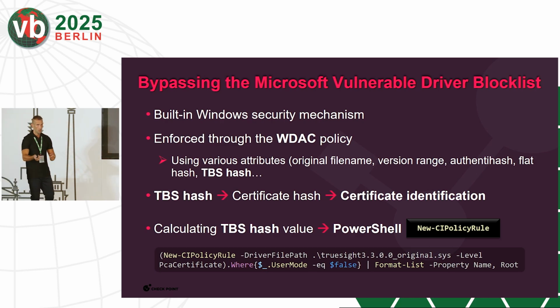TBS hash is a hash of a certain part of the certificate that is, surprisingly, called To Be Signed, and it can also be understood as a certificate hash that uniquely identifies the certificate, and this TBS hash is used in the WDAC. We can also calculate the TBS hash value on our own using the PowerShell cmdlet New-CIPolicyRule.